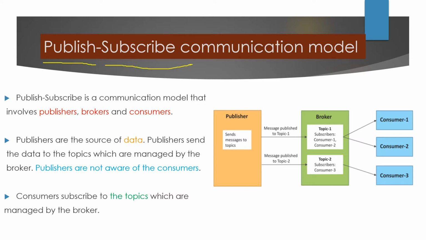The subscriber is the one who is receiving the data from the publisher, and in between the publisher and the subscriber someone will be sitting who will be routing the data, and that entity in the communication is called the broker. So in between publisher and subscriber an individual is sitting, and that is called the broker, which will be acting as a chain between the publisher and the subscriber.